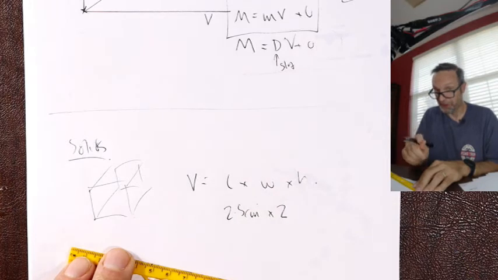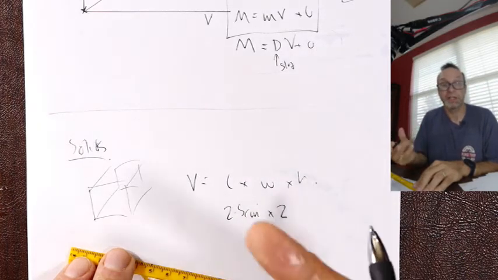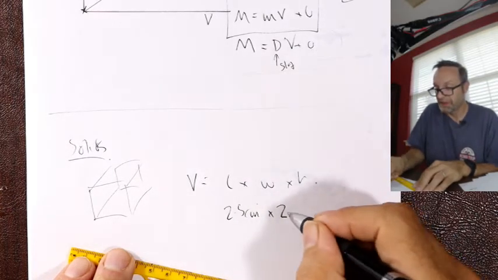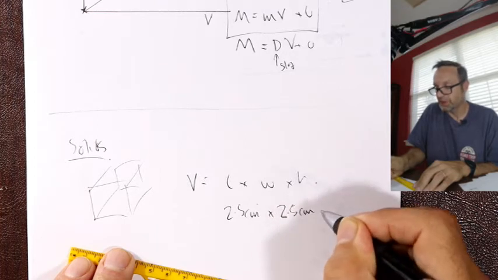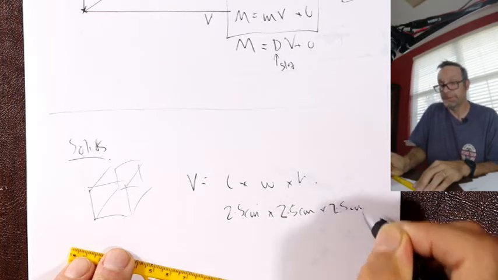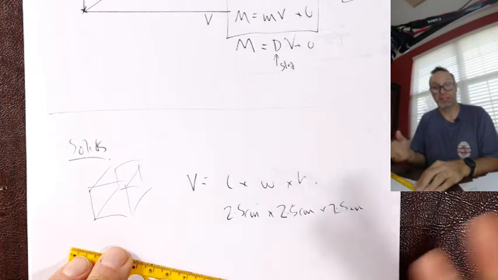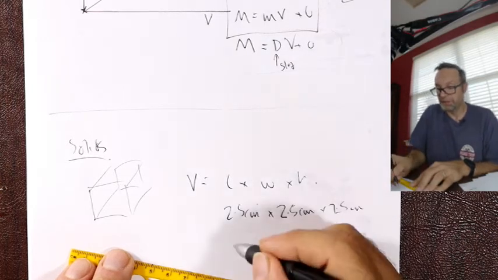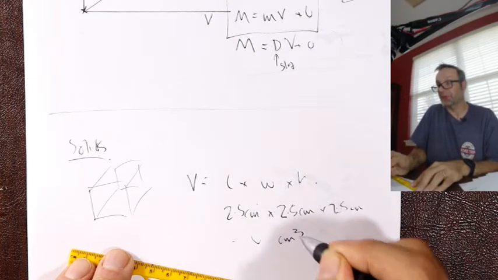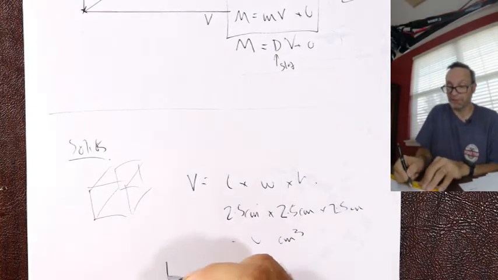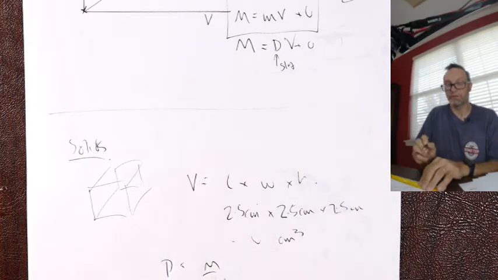It may or may not be a cube, but if it's a brick shape, just measure all the sides. You may have a slightly more irregular shape, like a brick, but then you can work out the volume in centimeters cubed. And then, as you know, density is mass over volume.